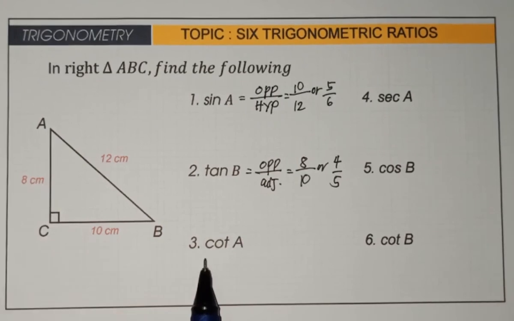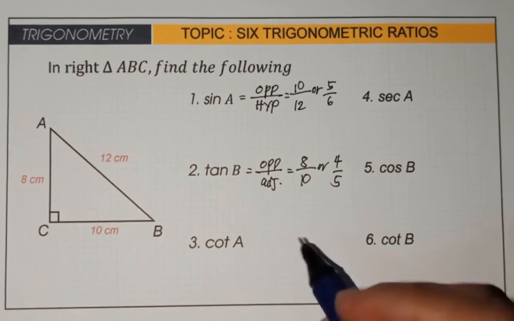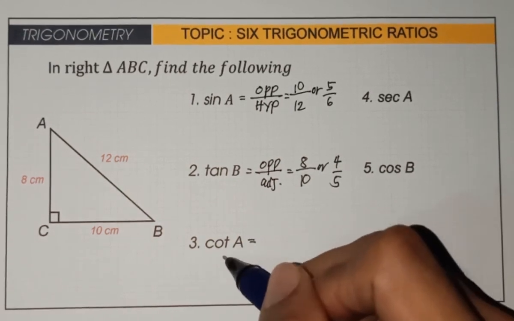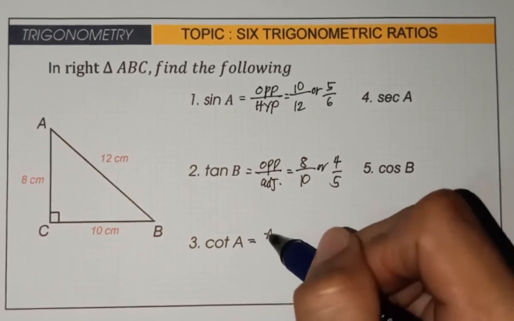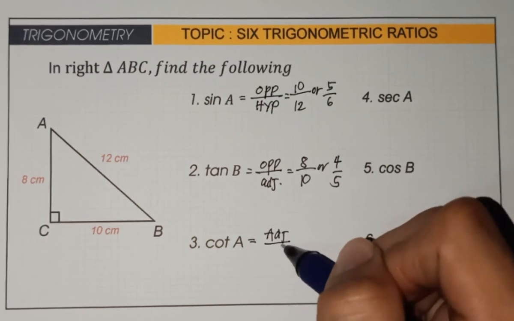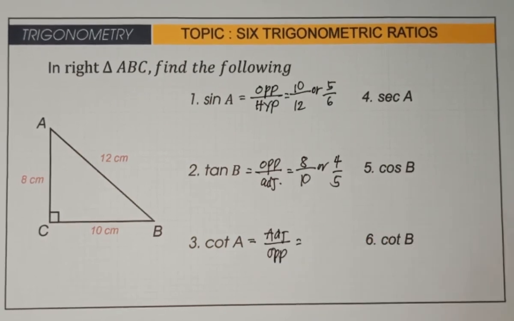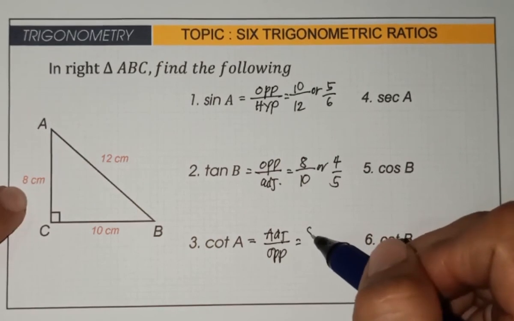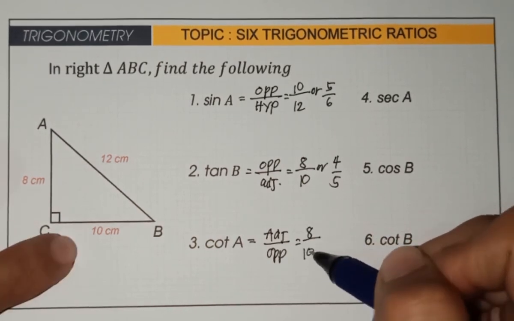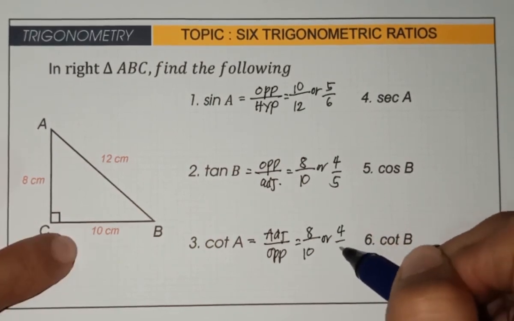For number 3, cotangent. Take note, cotangent is the inverse of tan. Cotangent now is adjacent over opposite of A. The adjacent is 8 and the opposite is 10, or it is simply 4/5.